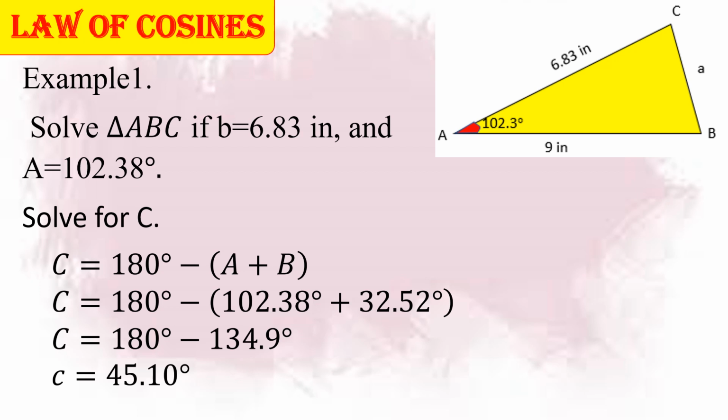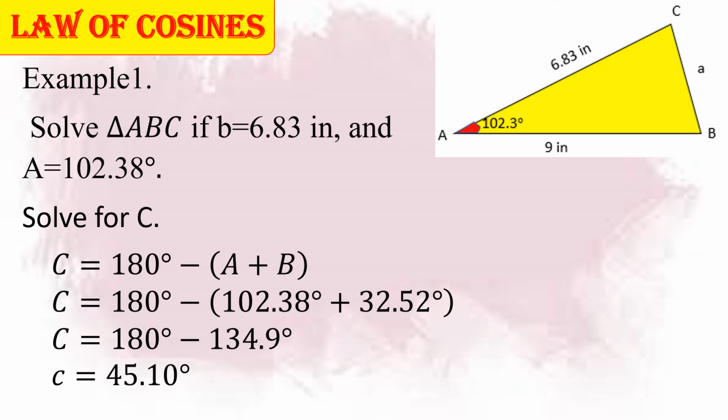So, that makes 180 minus angle A plus the angle B, and then 180 degrees minus yung angle A natin is 102.38 plus yung angle B natin is 32.52 degrees. Then, i-add nyo lang yon, and that makes 134.9.